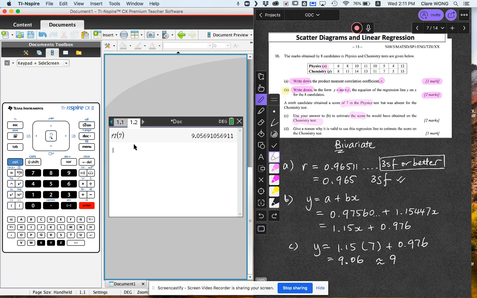Let's double check. If we enter 1.15 times 7 plus 0.976, and there you got 9.03. The reason is because we chuck off quite a bit of decimals, and the error will build up here at the third and the fourth decimal places.